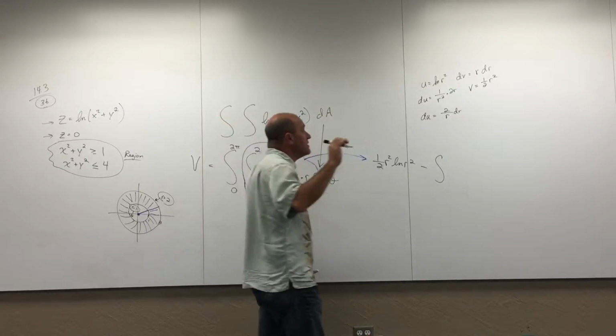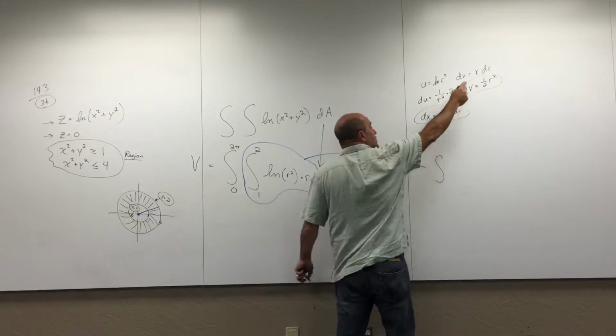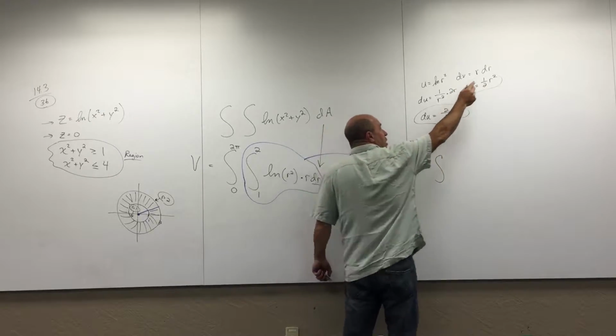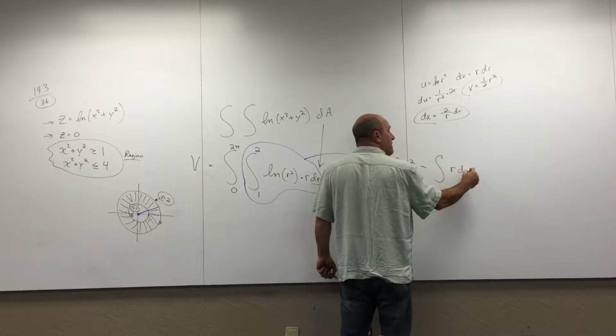You guys okay with that? Oh, here's my du and my v. My v du is so sweet. The 1/2 and the 2 cancel. The r squared over r cancels. I end up with an r dr.